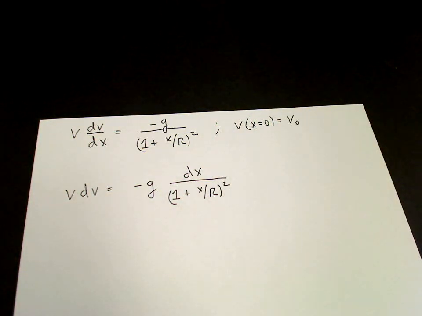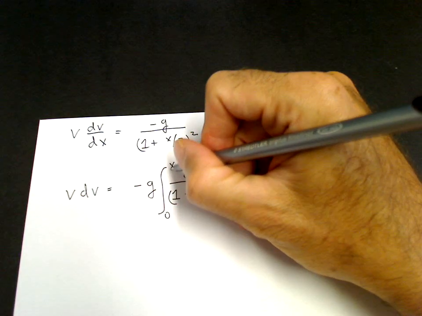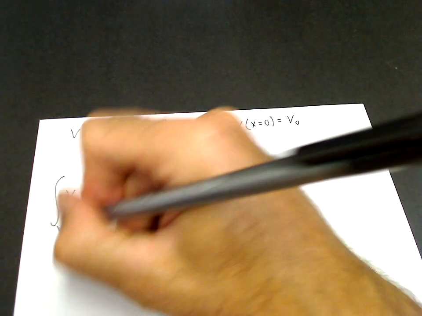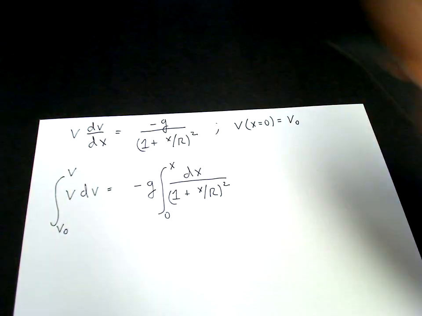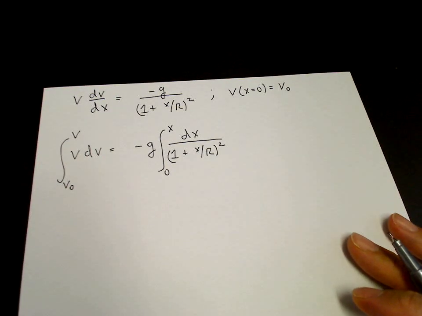And then we integrate from x equals 0 to x. At x equals 0, we have our initial velocity, and we integrate up to v. The left-hand side is easy to do: 1/2 v squared minus 1/2 v naught squared.